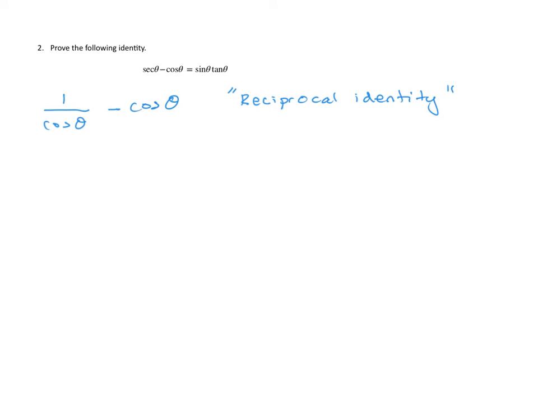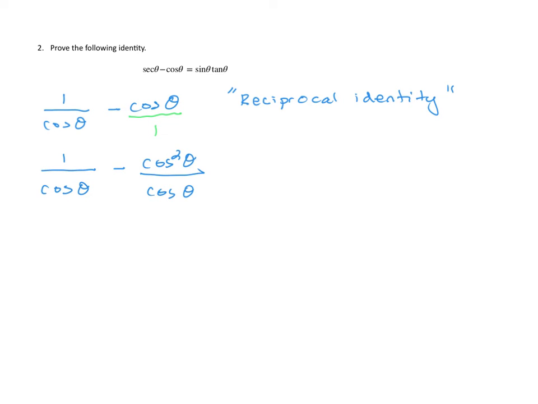I think a next logical step would be, well, I have two separate pieces. Maybe I can get a common denominator to combine this into a single fraction. So what I'll do here is, if I want a common denominator of cosine of theta, I'm going to multiply this fraction by cosine over cosine. Multiplying cosine here to the top will give us cosine squared. So this is 1 divided by cosine of theta minus cosine squared theta divided by cosine of theta.